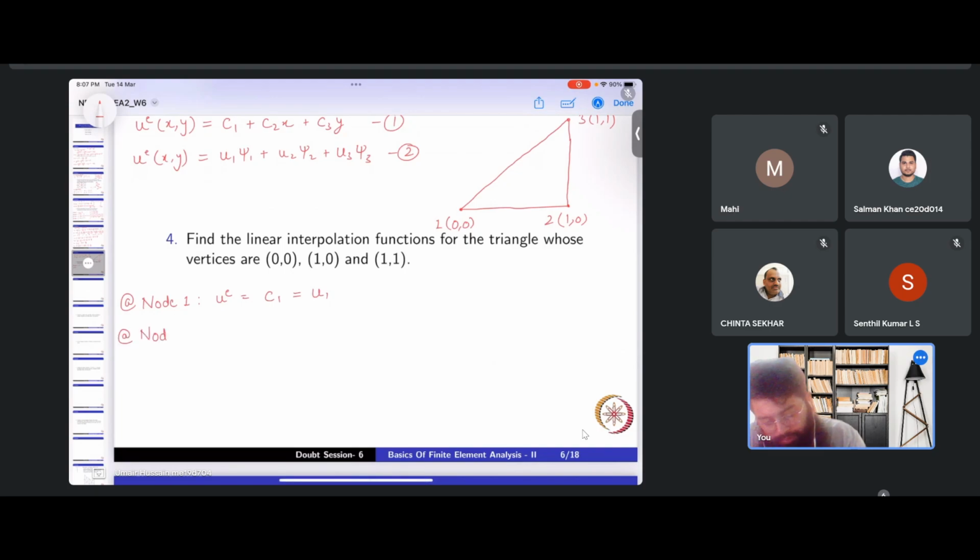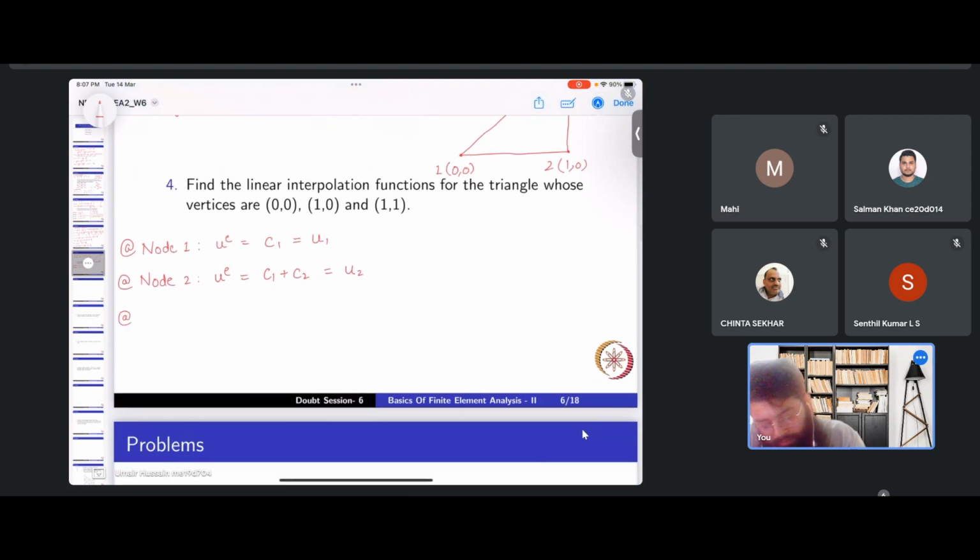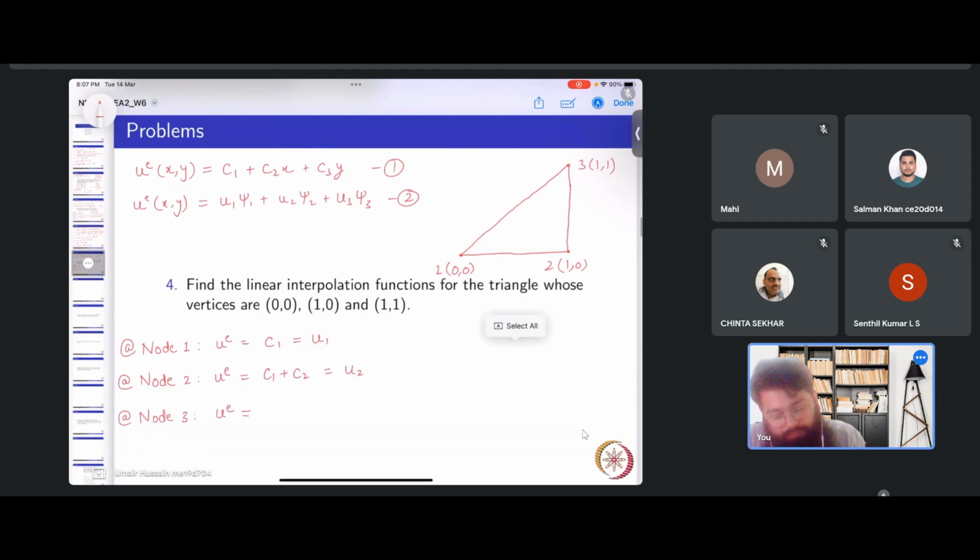At node 2, what are we left with? Now x equals 1 and y equals 0. So we are left with c1 plus c2. And using equation 2, at node 2, psi 2 equals 1 and the others are 0. So we get u2. Again at node 3 in equation 1, we have x equals 1, y equals 1.